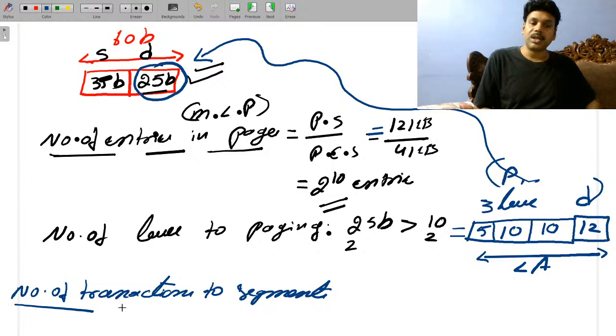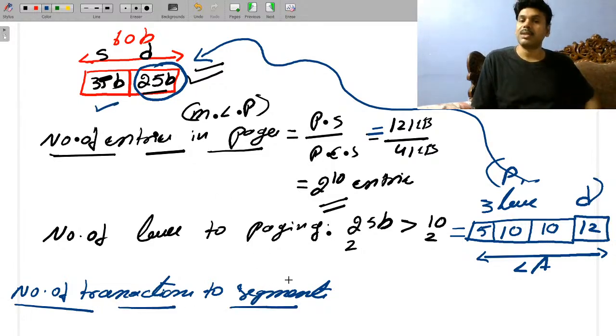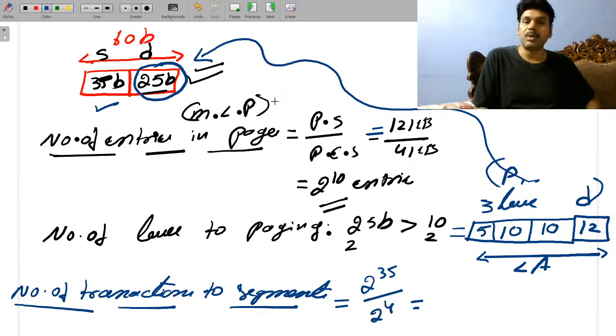You need to take one more equation. What is that? Your segment bits divided by your segment entry size, which is 2 power 35 by 2 power 2, since 4 bytes is 2 power 2. So we are going to get 2 power 33.